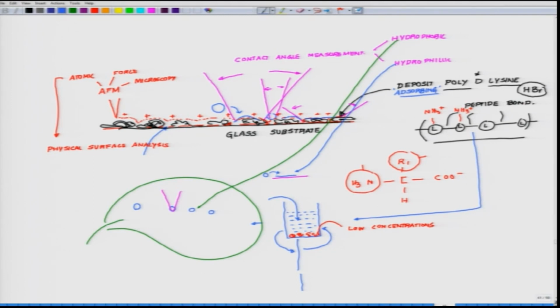If you increase the concentration of poly-D-lysine on the substrate, say for example, here I said low concentration, you increase this concentration, and if it keeps on increasing like this, there will be a point where you will see that the surface goes from water loving to water hating. So eventually the droplets of water will be more like this on this substrate.